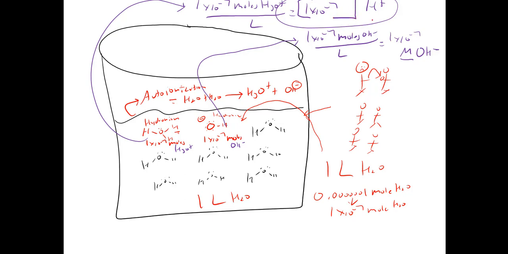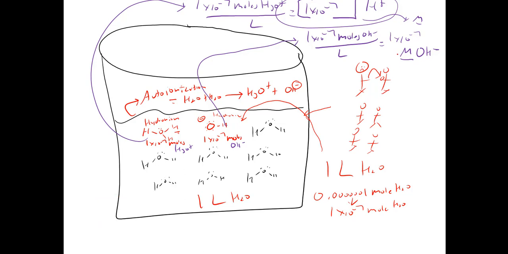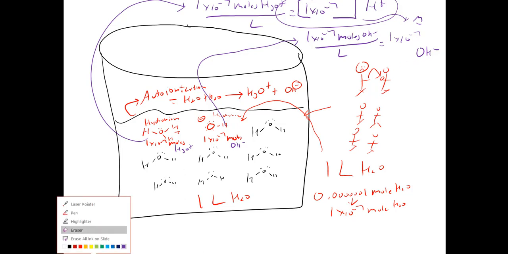The brackets indicate molarity. We just didn't write the symbol for molarity on there. So brackets indicate molarity. So in the bottom one, I could go ahead and erase the M, and then I can go ahead and put the brackets.